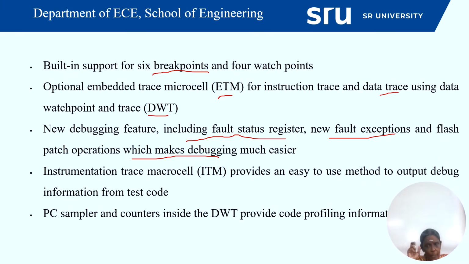So for debugging, how many factors are we adopting? ETM, DWT, breakpoint, watchpoint, these are all together used for the debugging purpose only.